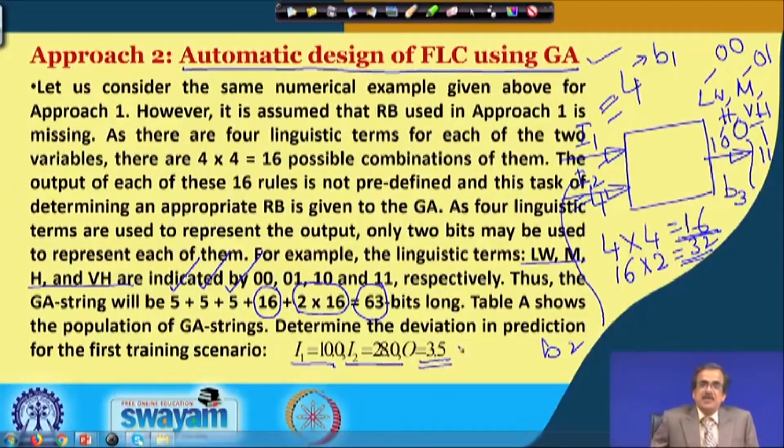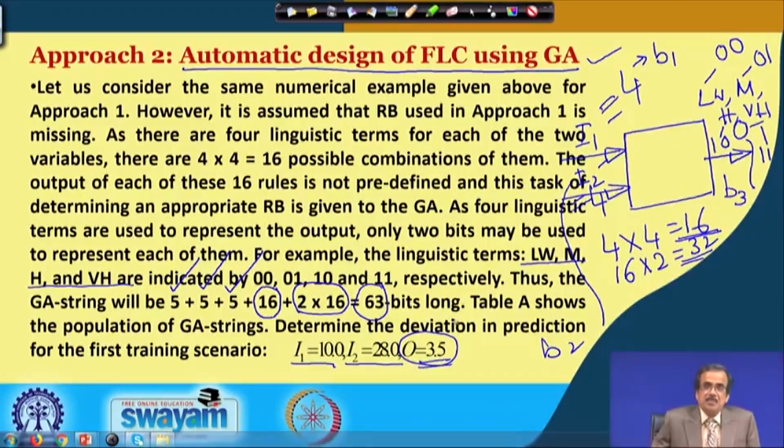We will try to find out what should be the calculated output, and that calculated output will be compared with the target output to find out the deviation, and this deviation we will have to minimize. So, this is actually the problem description.